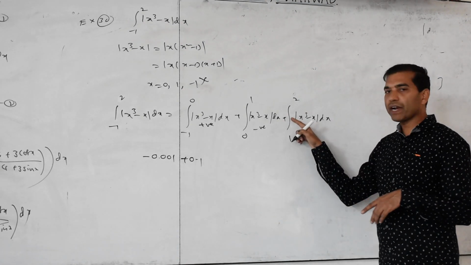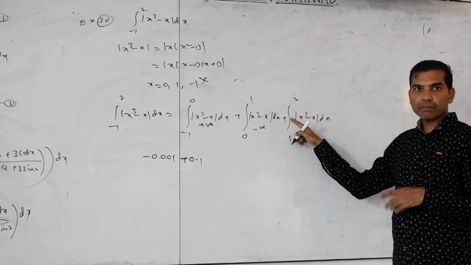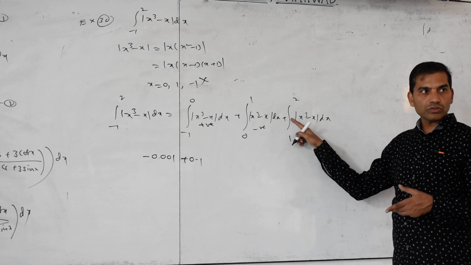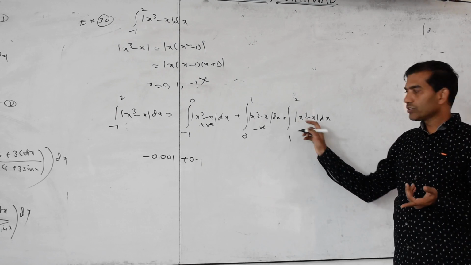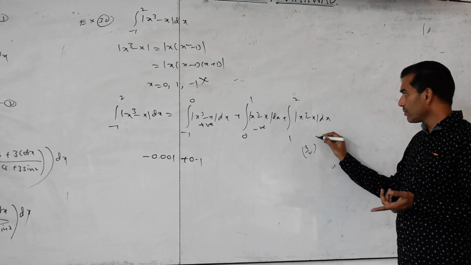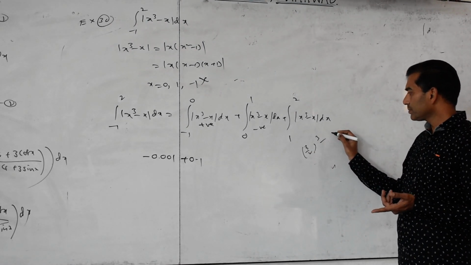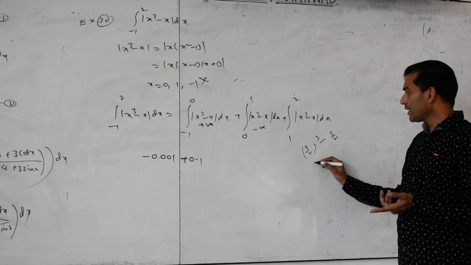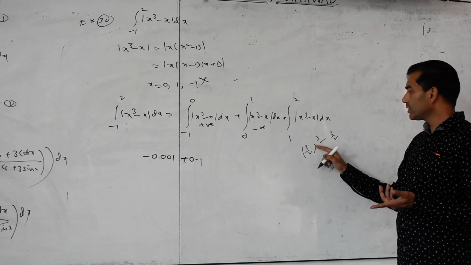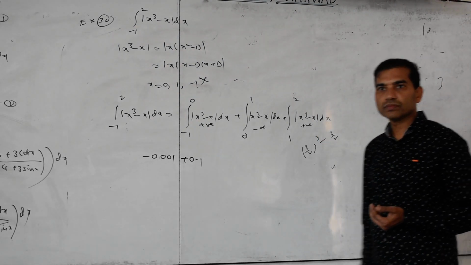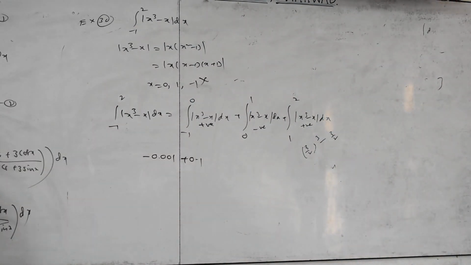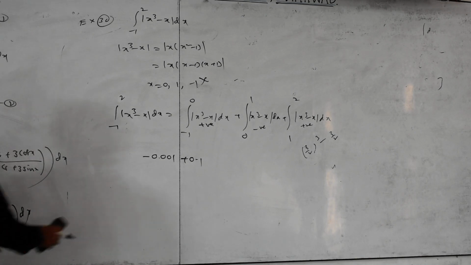Next 1 to 2, take 1.5, which is 3 by 2. 3 by 2 whole cube minus 3 by 2: positive or negative? Positive, since this is bigger than this. So by using positive and negative, we can open the mod.